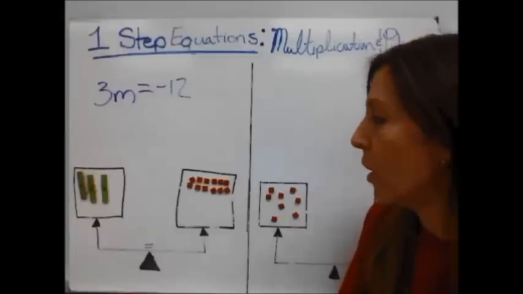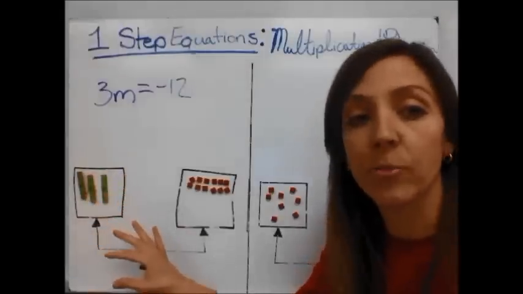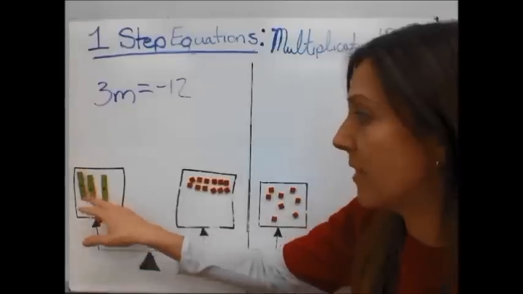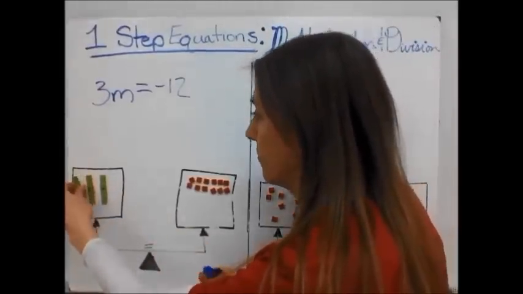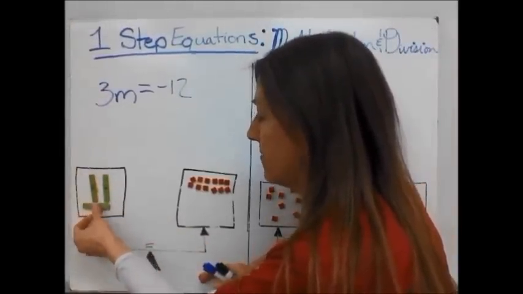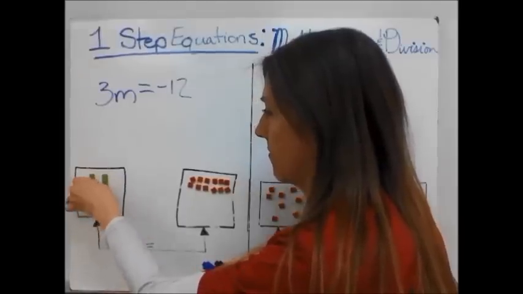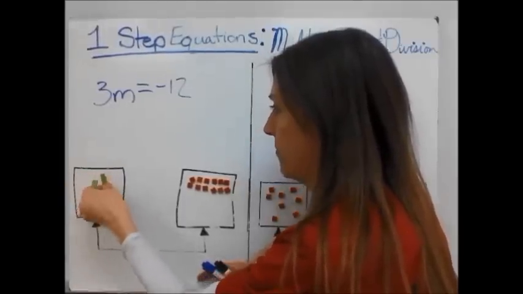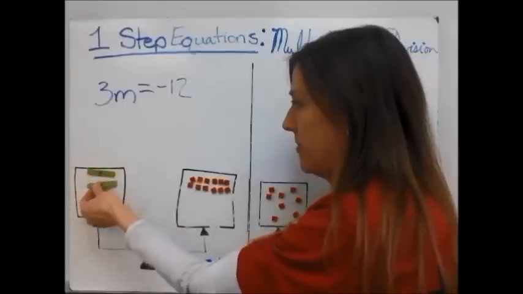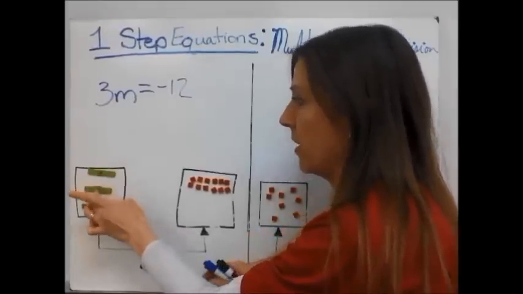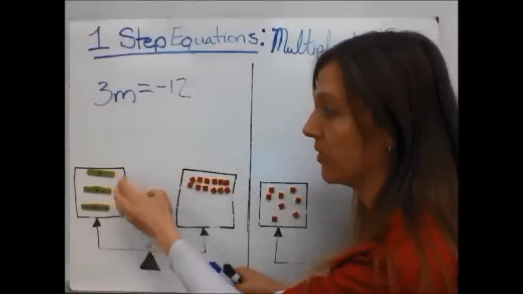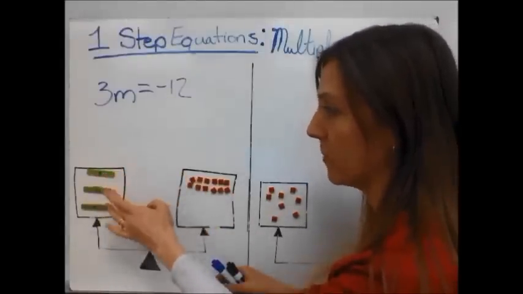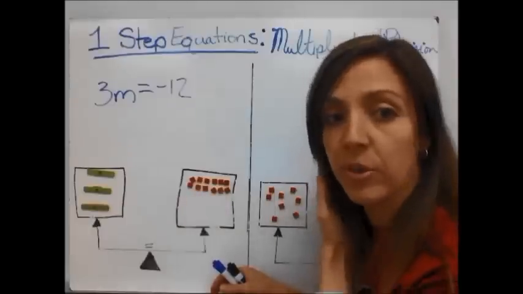Well, to solve that on our algebra mat, I'm going to take these three variables, and I'm going to split them. So I have 1, 2, 3. Okay, I'm splitting them apart. I'm going to split these chips also apart into 3 groups, and I'm going to match them with each one of these variables over here.